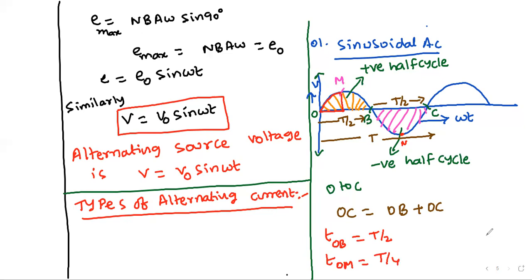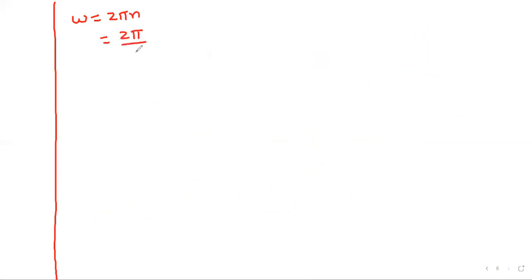So now we are finding the value of voltage when time equals T by 4. For that, we know that angular frequency omega equals 2 pi n, which is nothing but 2 pi by T, since frequency equals the reciprocal of time period. So V is equal to V naught sine omega t.